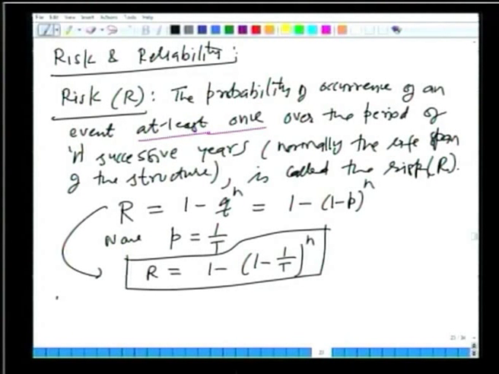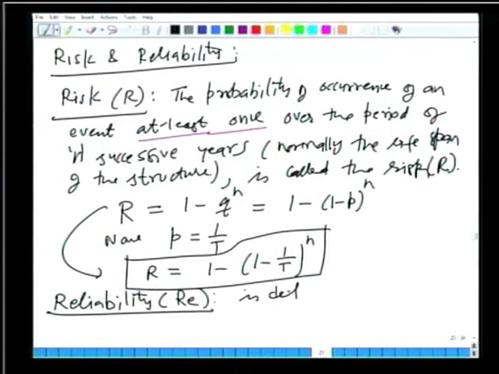This is about the risk, and then we have another thing which is called the reliability, and this we will denote as RE. If the risk associated with the project is R, then the reliability is simply defined as its complement, or you say RE is equal to 1 minus R. So, what will be 1 minus R? 1 minus of this whole thing, that will be 1 minus, 1 minus 1 over T to the power n.